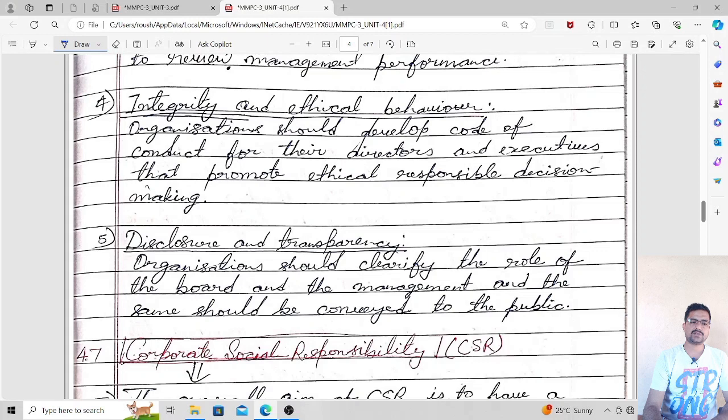Integrity and ethical behavior: organizations should develop a code of conduct for their directors and executives that promotes ethical, responsible decision making. That was the fourth one. The code of conduct should be there for the directors and executives of the organization, so that they become more ethical, responsible.